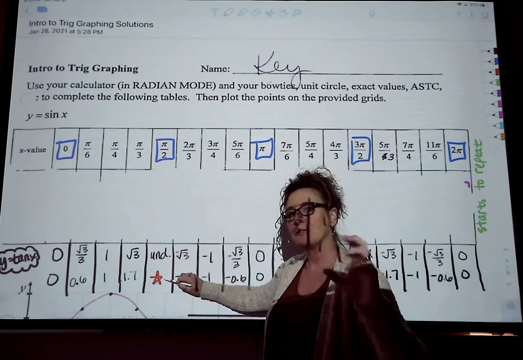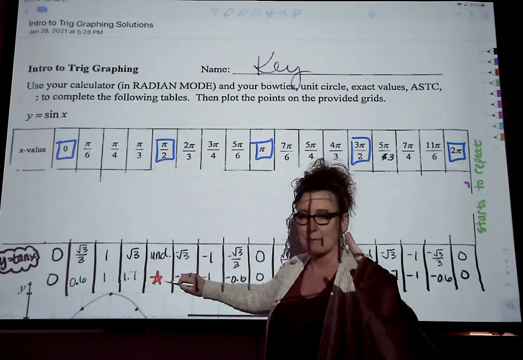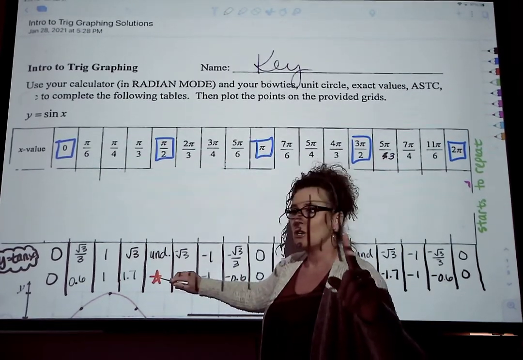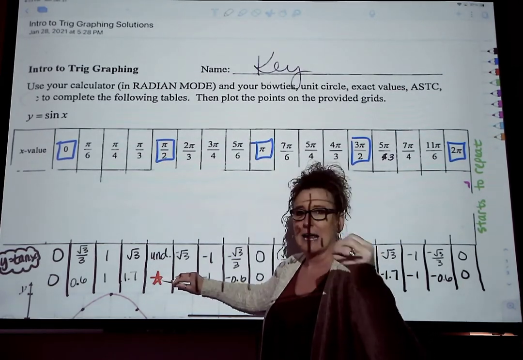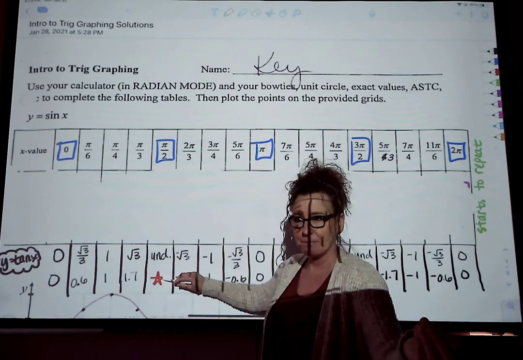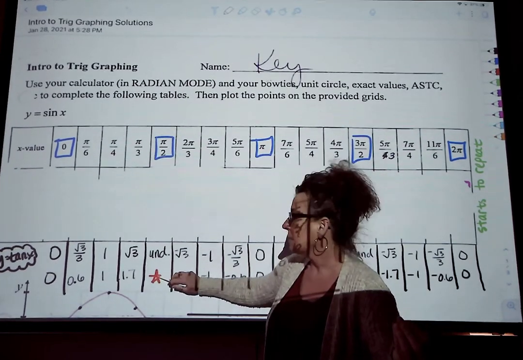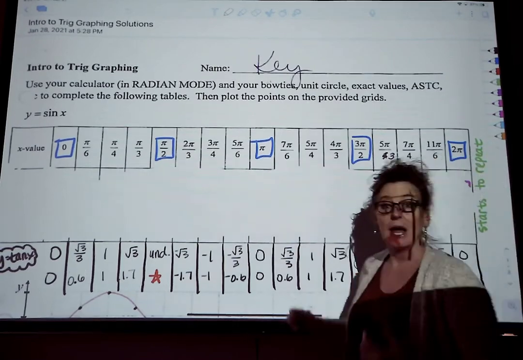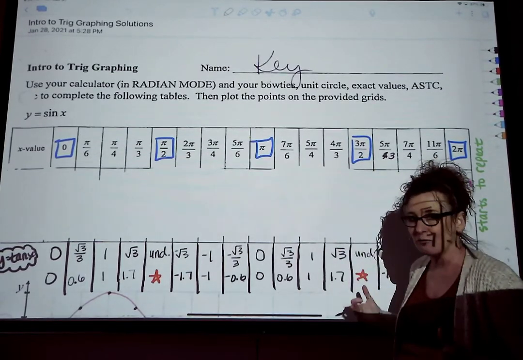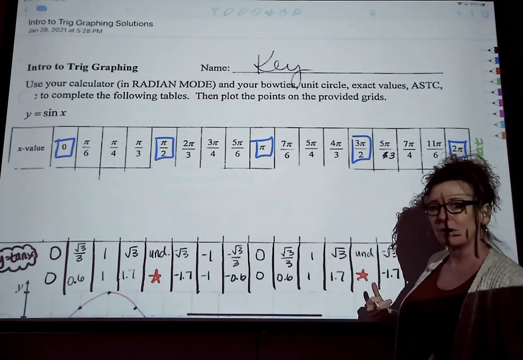You should know from pre-cal first semester what a blow up looks like on a graph. It could be a hole, it could be an asymptote, but it blows up at pi over 2, and it blows up at 3 pi over 2. And since it repeats itself, it's going to keep blowing up.